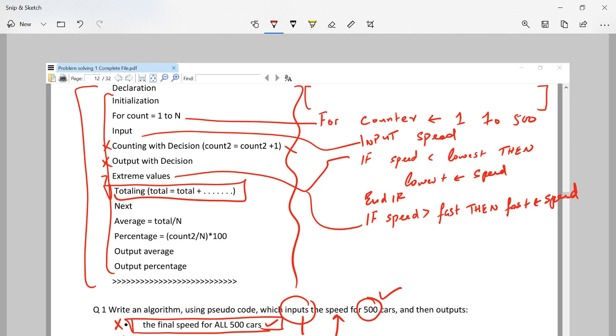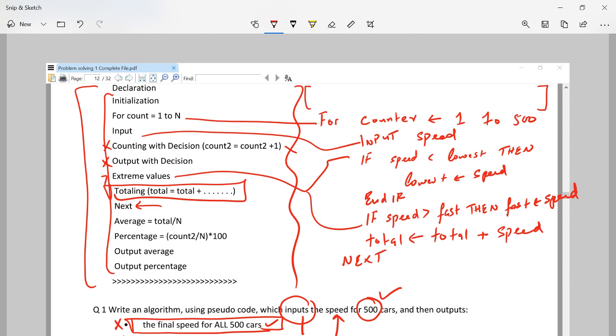And totaling: total assigned to total plus speed, because they're asking us the average of the speed, right? After this we don't need to do anything, so the next part goes there. Because we're looking into the format, only then will we be able to tell that.